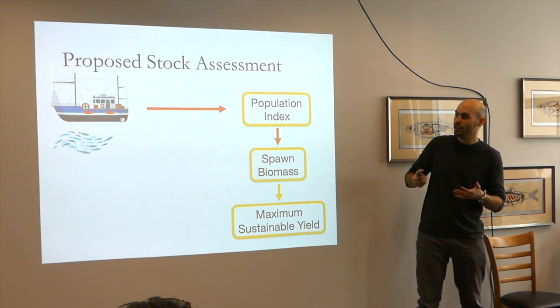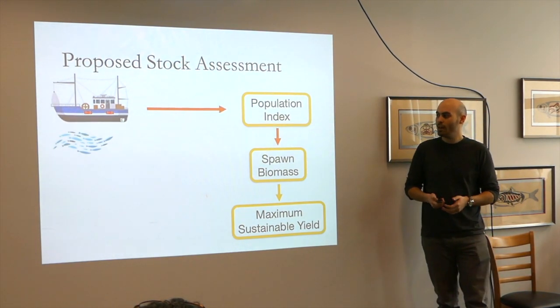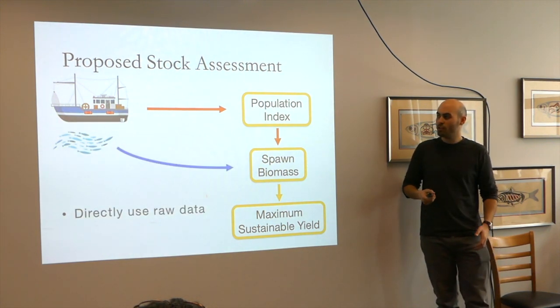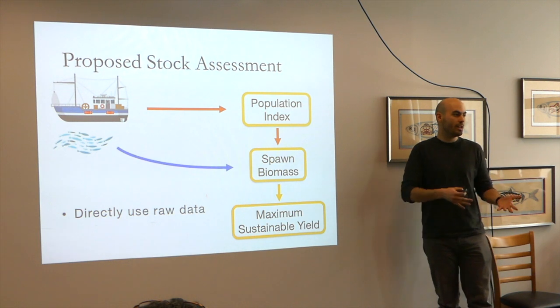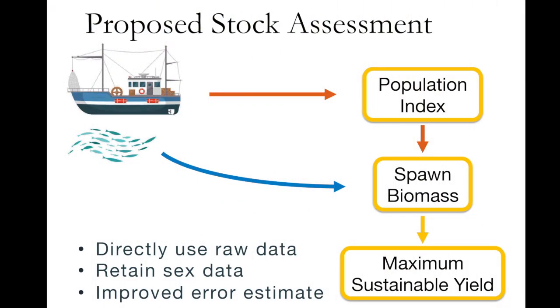So instead, what Marie's lab is going to attempt to do is model spawn biomass directly using the raw data. Now this would retain that sex and age data and hopefully improve the error estimates.